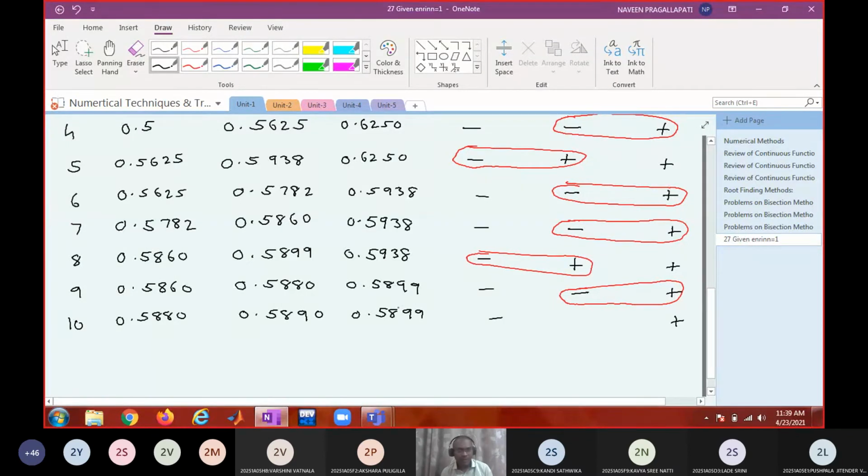Should we carry out one more iteration? 3 decimals are not matched yet. So compute f of C10. Positive, sir. Positive.